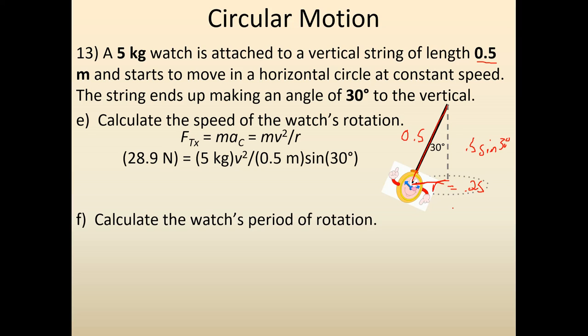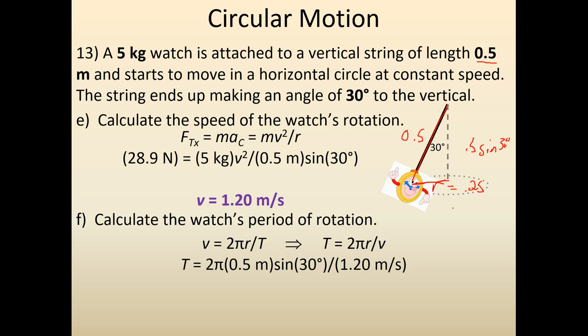So if I plug the numbers in and I make sure that I'm using the correct radius, I end up getting that the speed is 1.2 meters per second. Once I have that, I can find the period of rotation fairly easily. Again, I have to be aware that the radius is still different, but right there, it ends up being a simple plug and chug of 1.31 seconds.